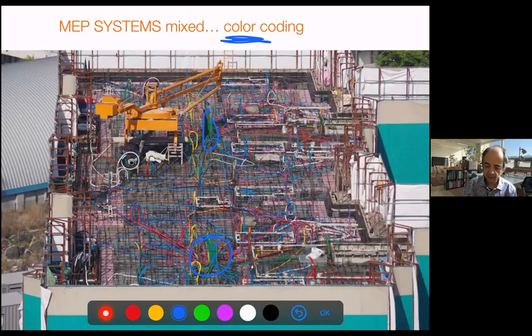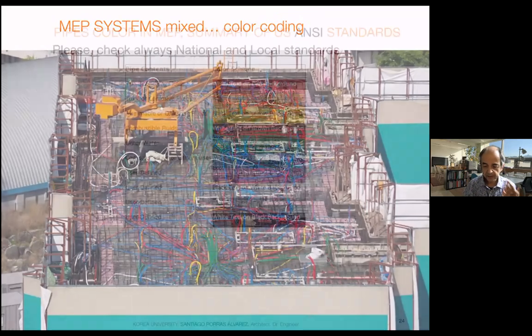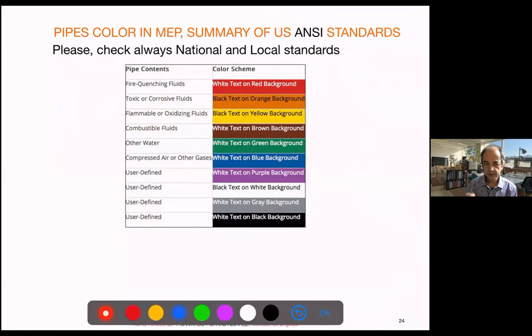But the point is the color coding. And it depends on the countries. So for pipes, for plumbing, this is the American standard. Usually very common. I usually use the American standards because they are the inspiration for Korea. Usually fire protection equipment is red. Green is general water.